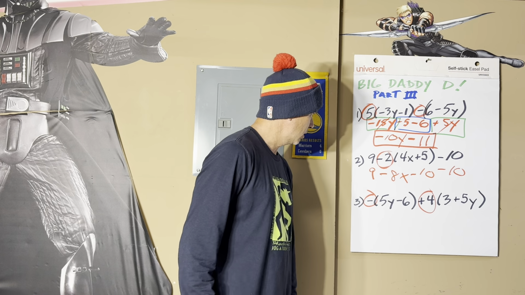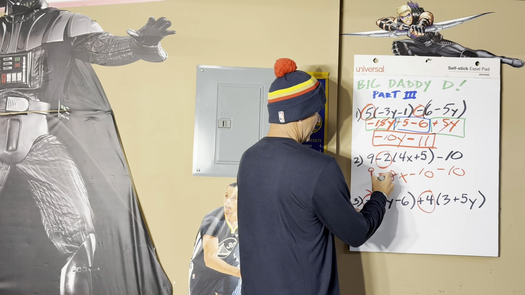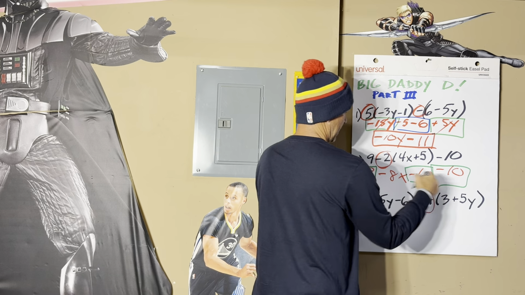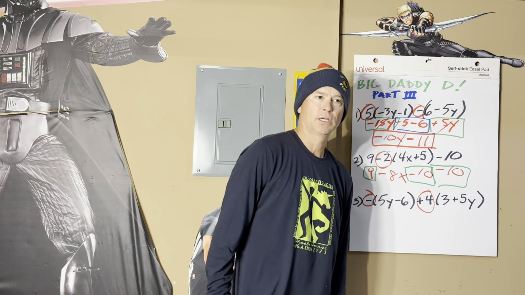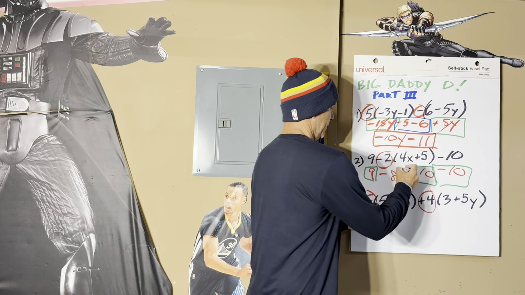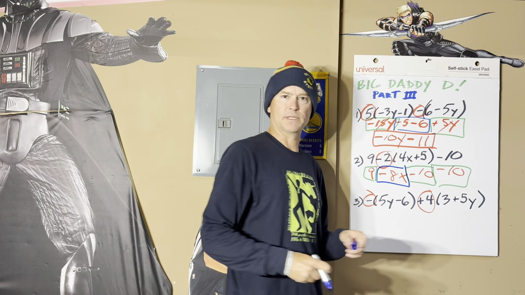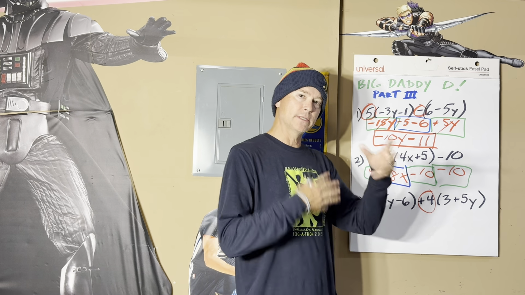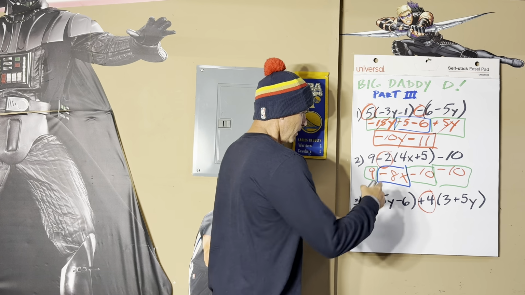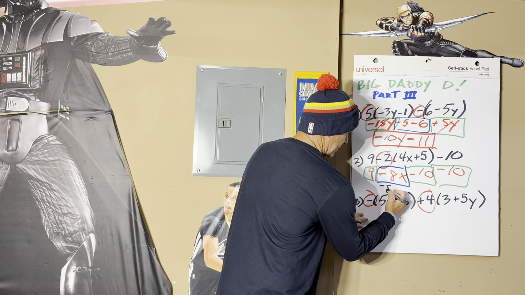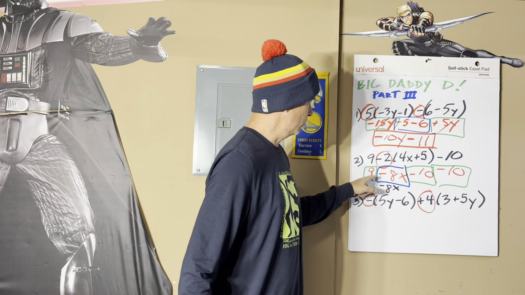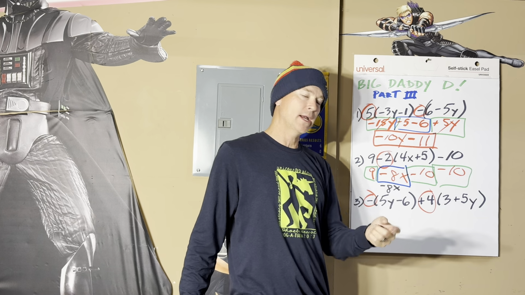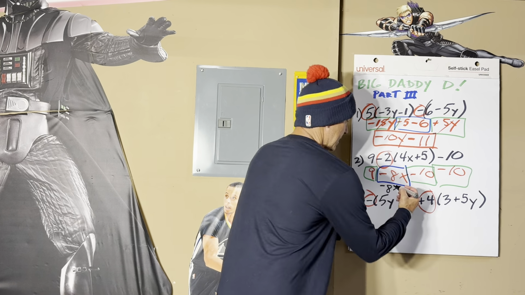So now we have a 9, a -10, a -10, and a -8x, which has no friend, all by himself, okay? So now the colors kind of help us out. The green's got to be together since there's only one blue. We're going to bring down the negative 8x, and then we're just going to go in order, all right? 9 minus 10 is negative 1. Negative 1 minus 10 is negative 11.